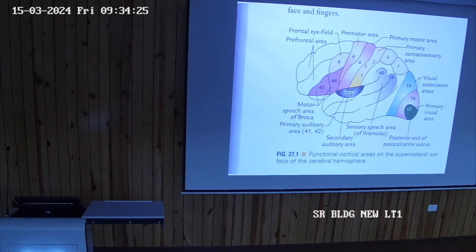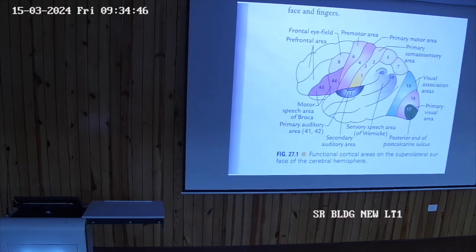When you are listening to music or a song, you can differentiate that this song is from this movie and who was singing. All these things are done by area number 22, that is the association area.